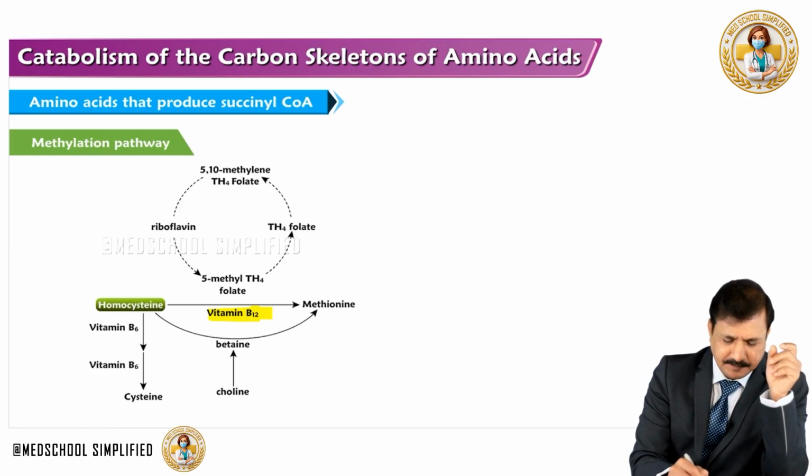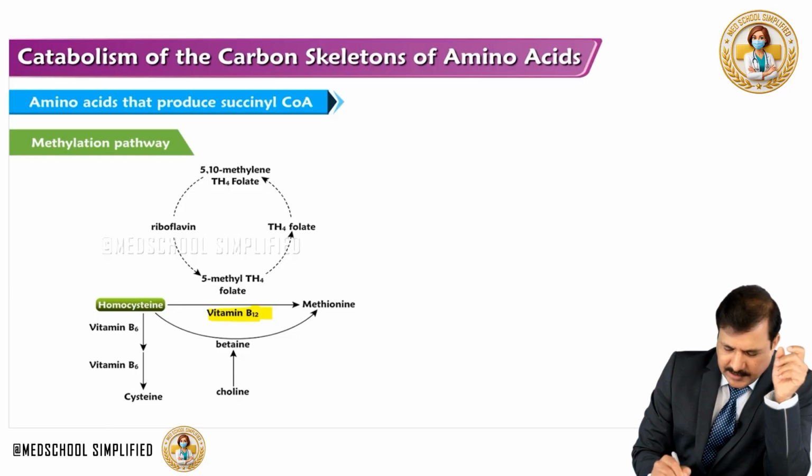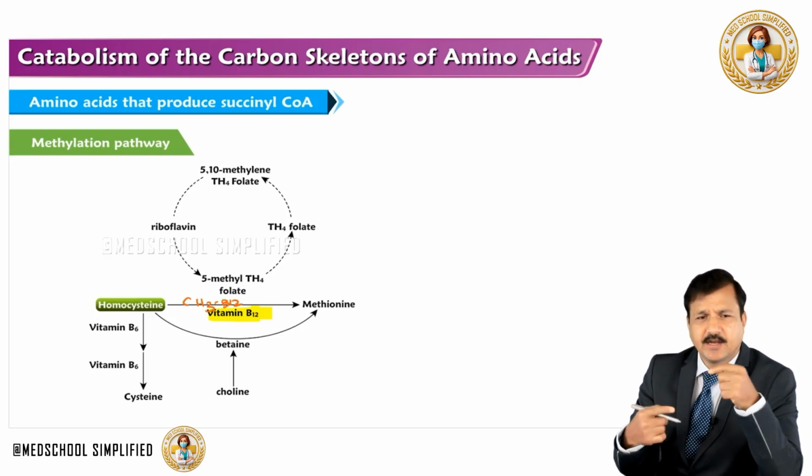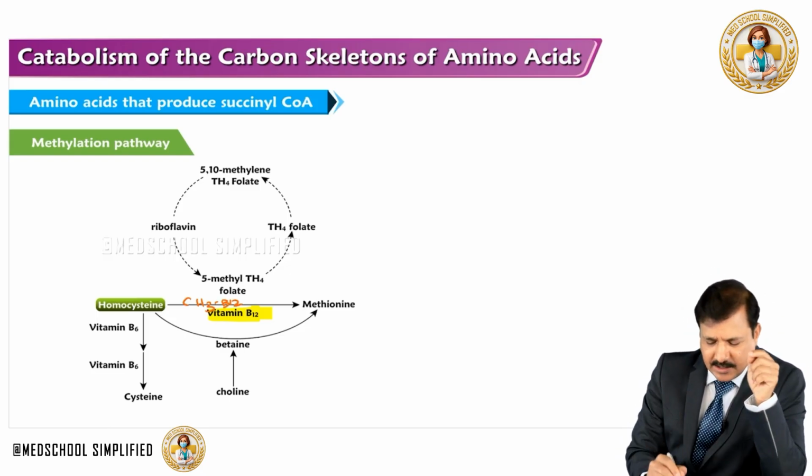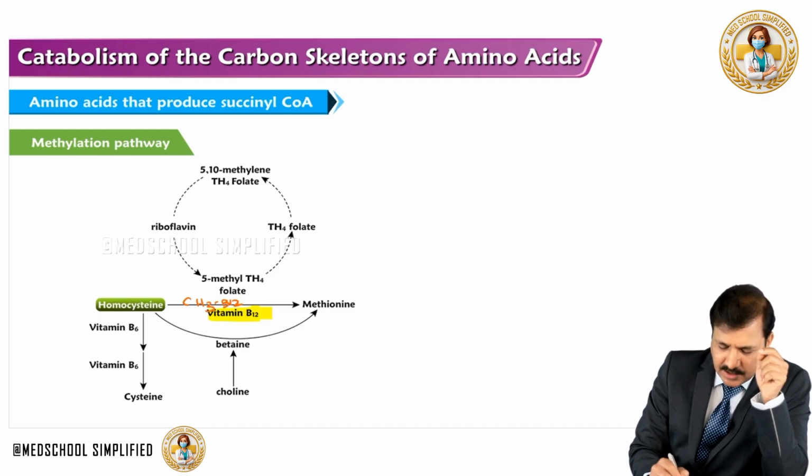Let me write it down here. What I am saying is methylcobalamin, I will write it as CH3B12. Here it is just simply written as B12, but it is actually coming in as CH3B12, that is methylcobalamin, and will go out of the reaction as just cobalamin, B12.